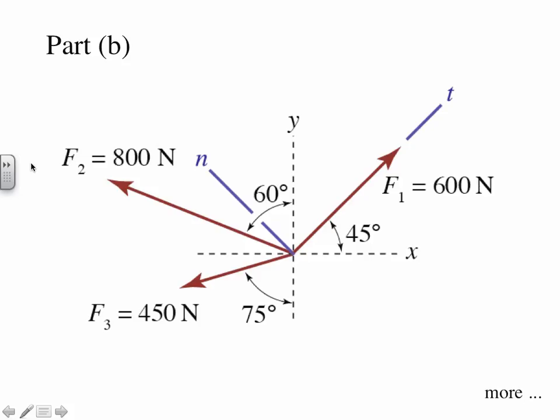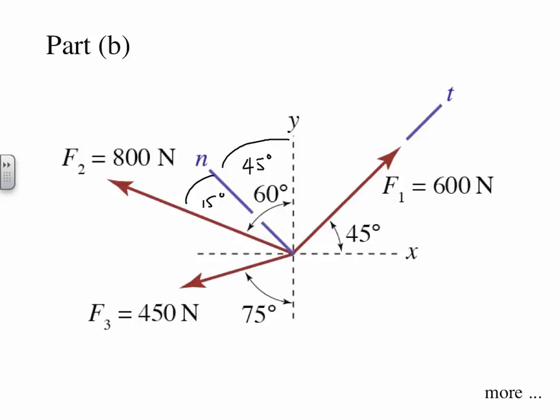Now consider the same problem in our tangent normal system. We can first use the information in the problem statement to define appropriate angles off the tangent normal axes. Force F1 is directly aligned with the tangent axis. Force F2 makes a 60-degree angle with the y-axis, but the normal axis is 45 degrees off the y-axis, which means that the angle between F2 and the normal axis is 15 degrees.